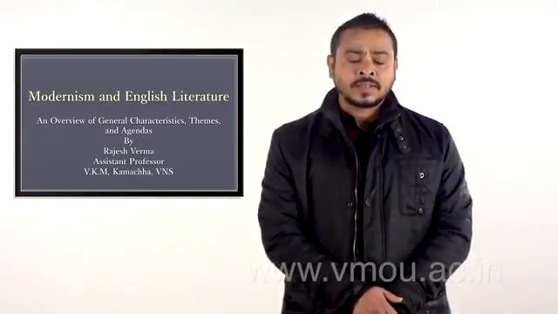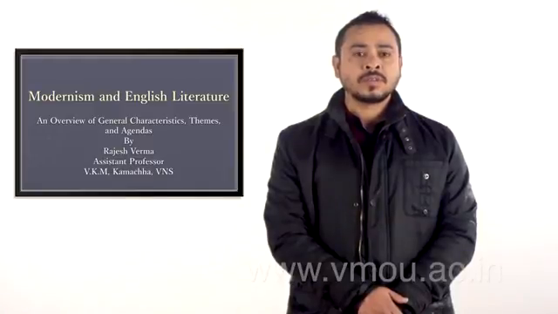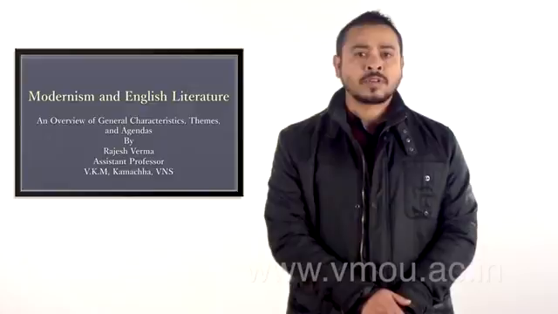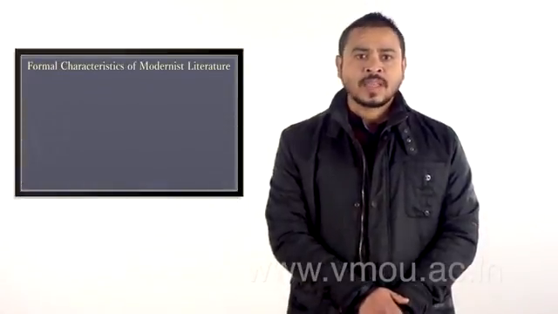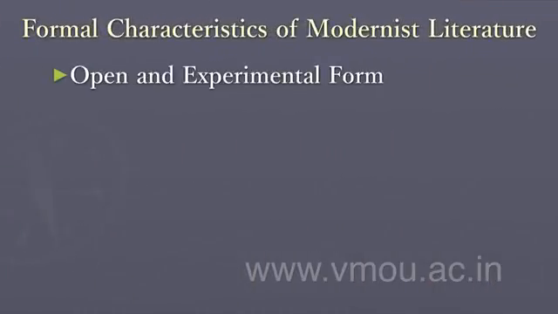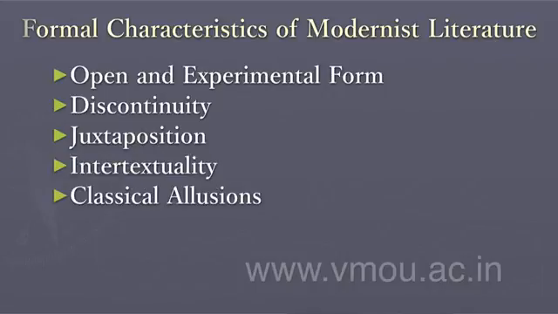And the Enlightenment, which focused upon the individual, also rejected the idea of meta-narrative, but then people like T.S. Eliot tried to highlight this kind of description and narration through experimental techniques in which they borrowed from other cultures also. Modernist literature has certain characteristics like open and experimental form, discontinuity, juxtaposition, intertextuality, classical allusions.